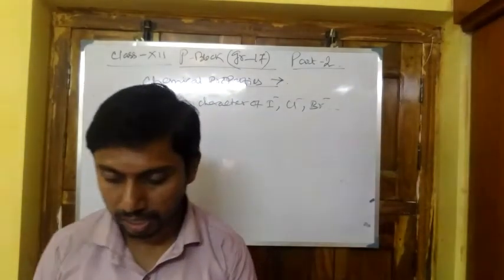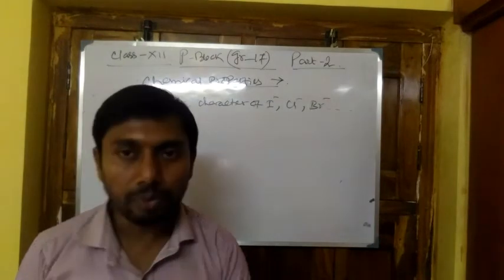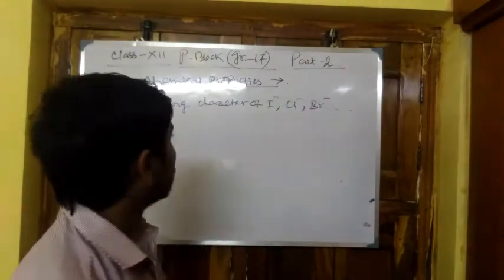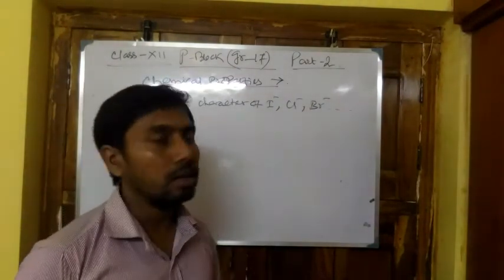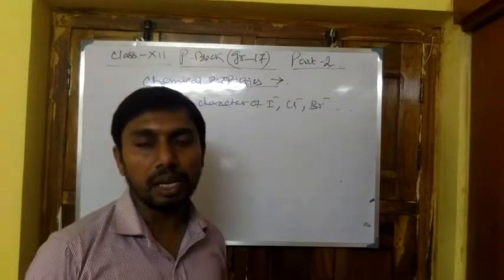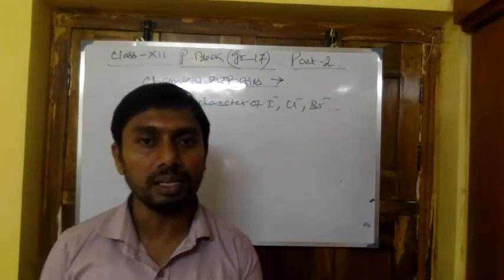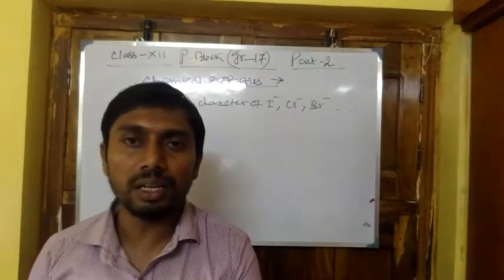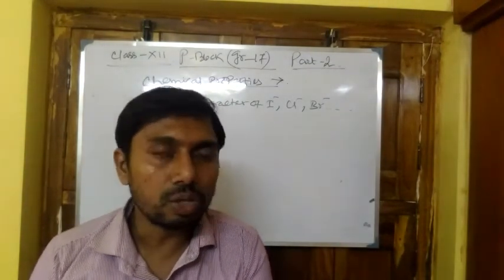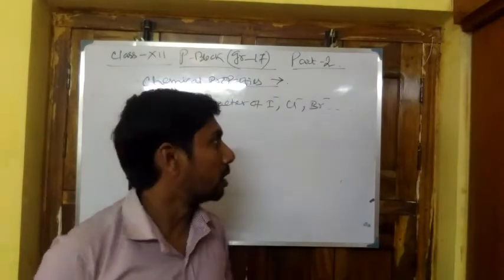For the reducing property, I minus is the greatest, because the electrons are so dispersed around the nucleus that it can release electrons easily, so it is highly reducing in nature.